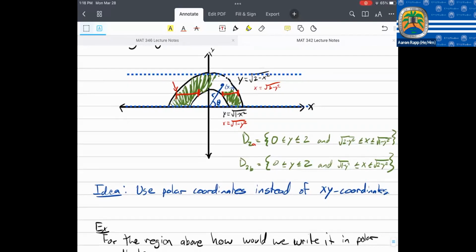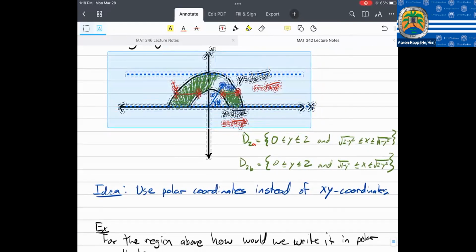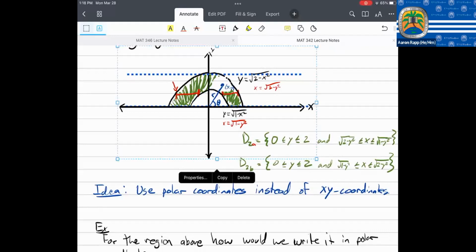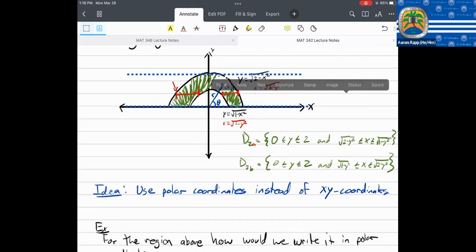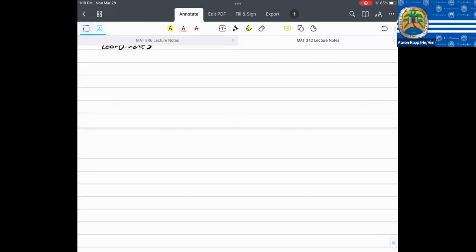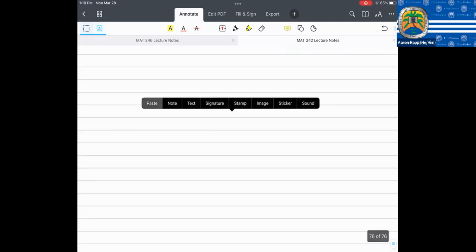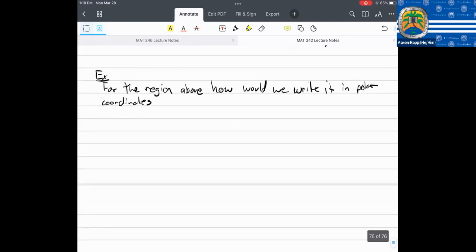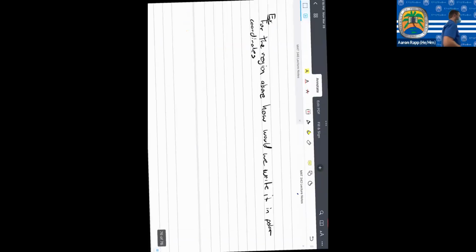Why is it not pasted? Why? All right, screw it. I'll redraw it again. Or actually, I'll do it like this.